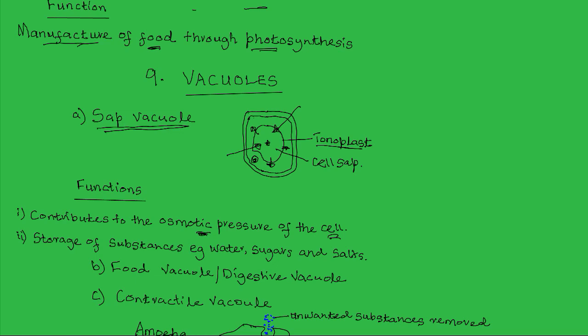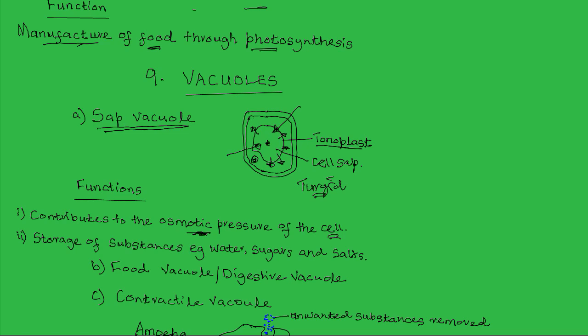Now, this outward pressure as a result of the absorption of water is what makes the cells turgid. So, by contributing to the osmotic properties of the cell and enabling the cell to absorb water, thereby become turgid, the sap vacuole plays a very important role in offering support to the cell and the entire plant.